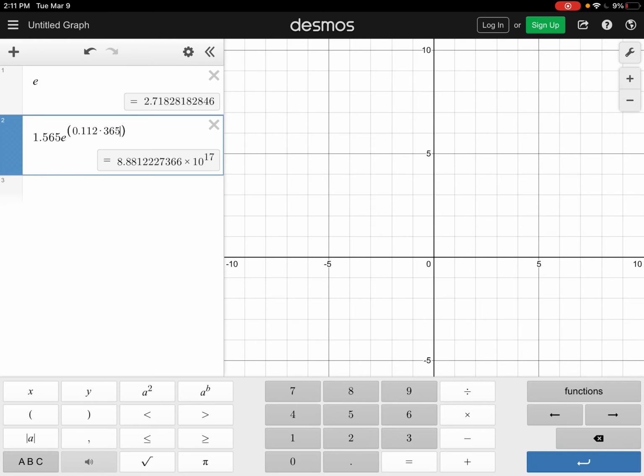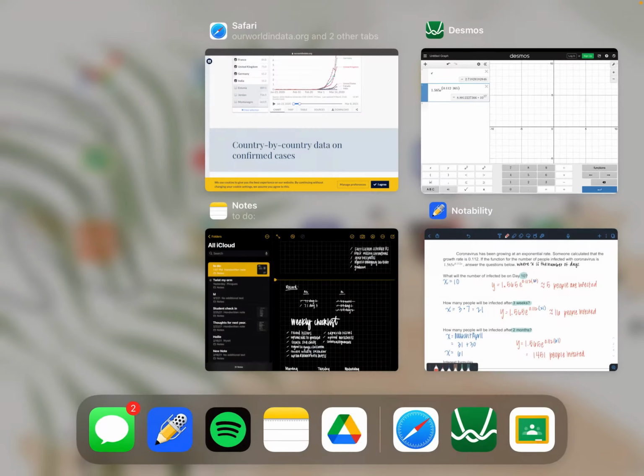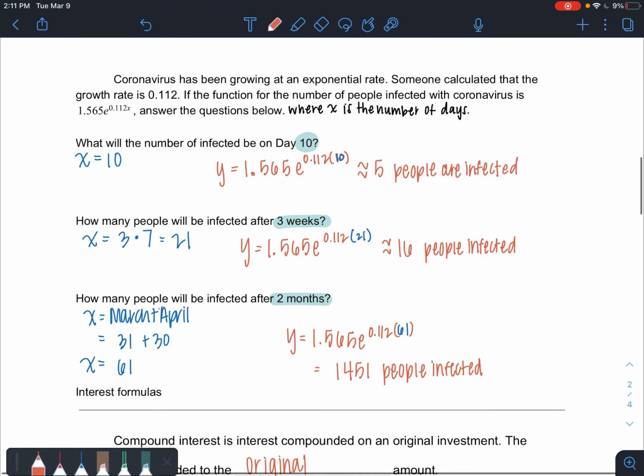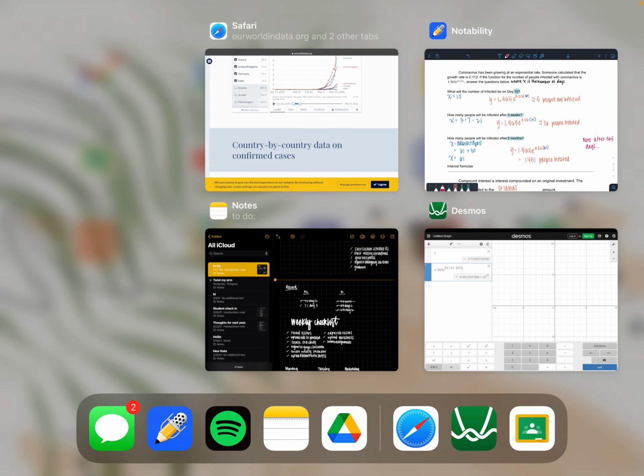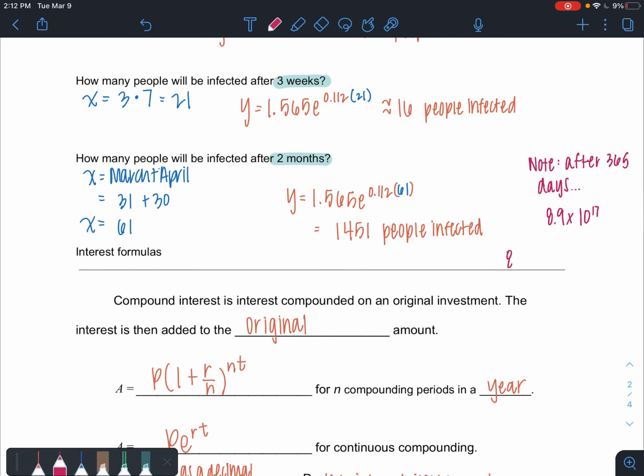So that's a really large number of people. Just a note here, just for interest, after 365 days, it was 8.9 times 10 to the 17th. So that means it has 17 zeros.